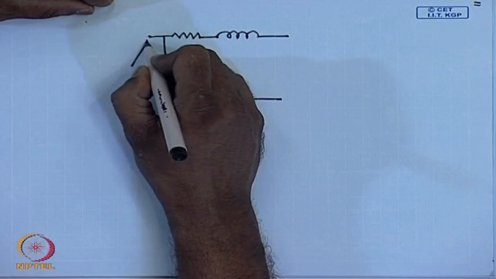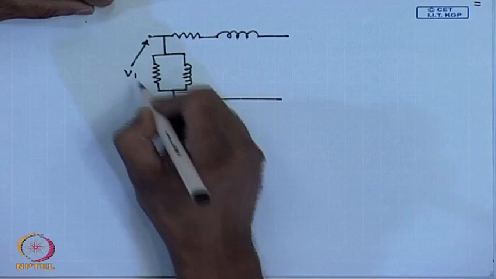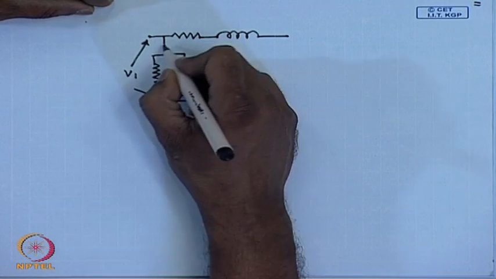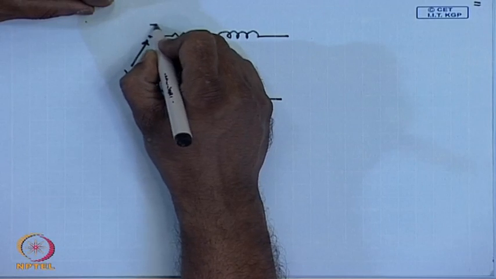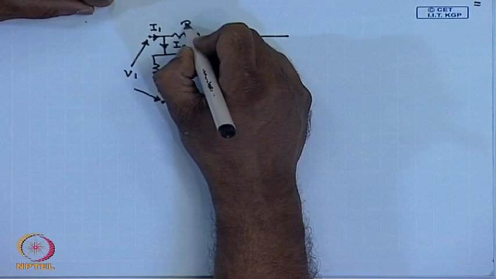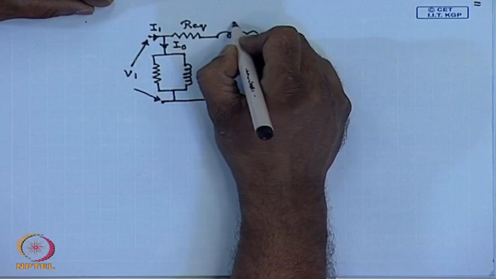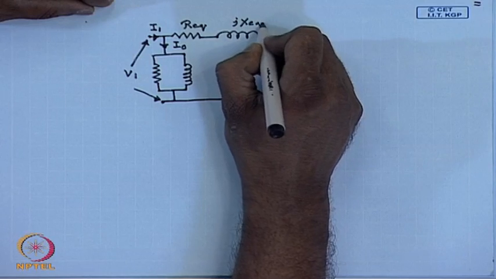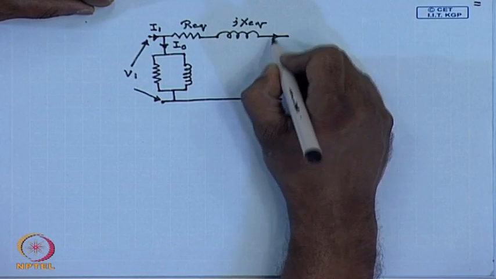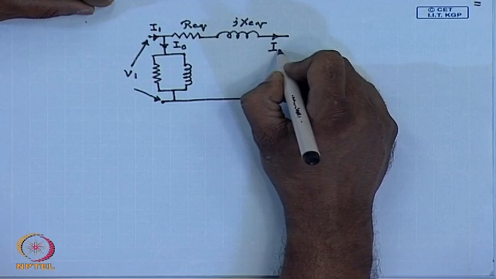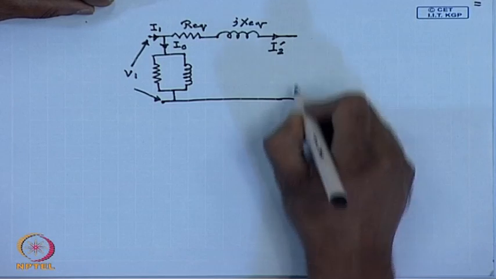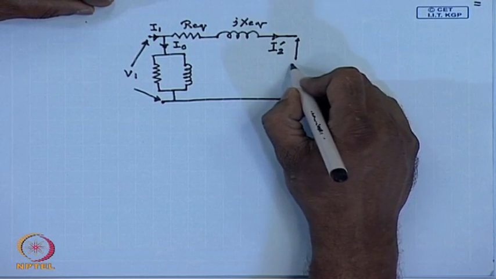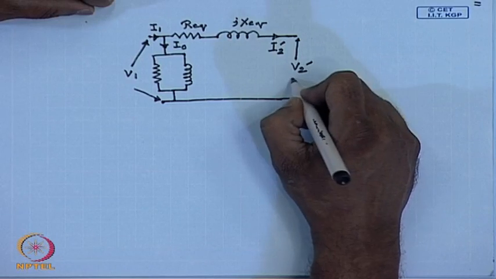This is the supply voltage V1, magnetizing current I0, supply current I1, Req, j Xeq, is the referred load current I2 dash, and this is the referred load voltage V2 dash.